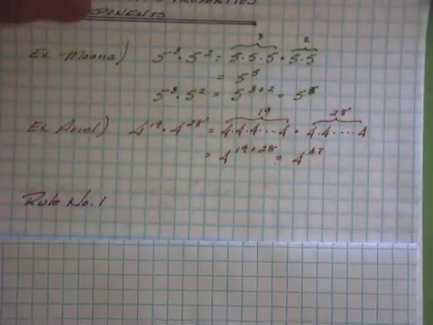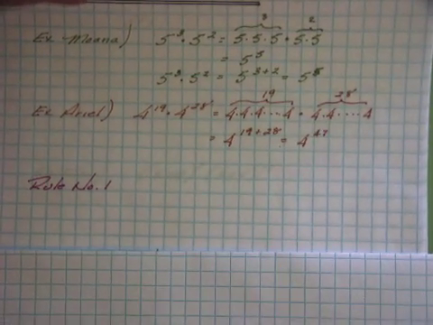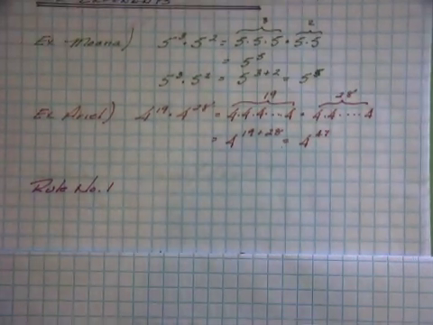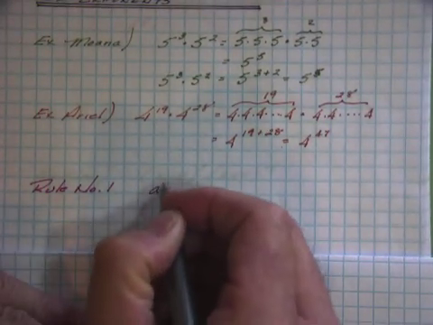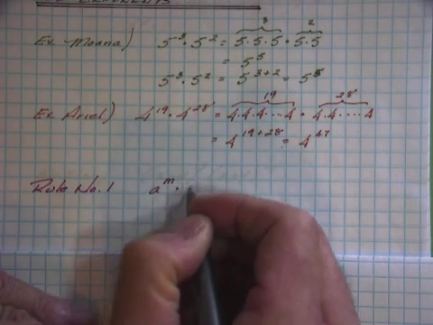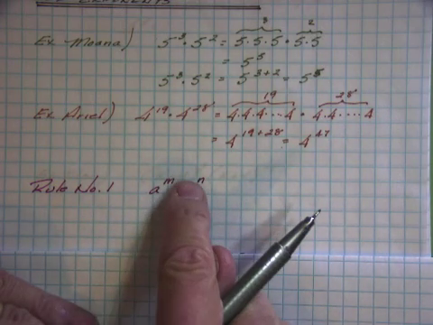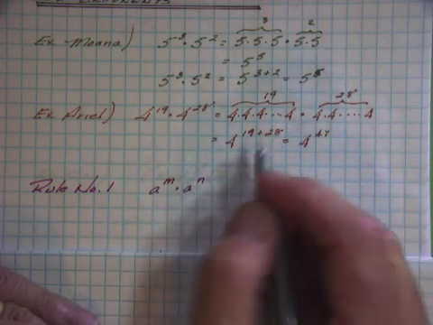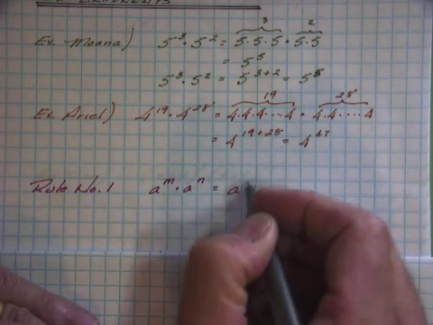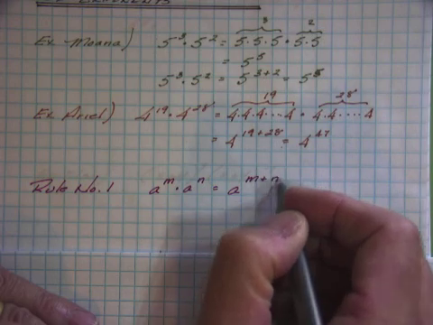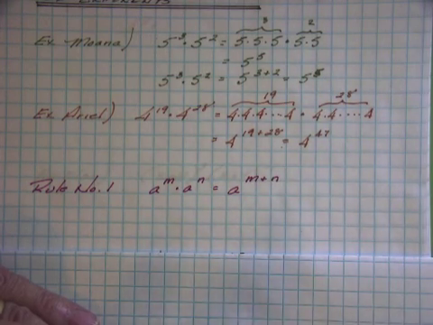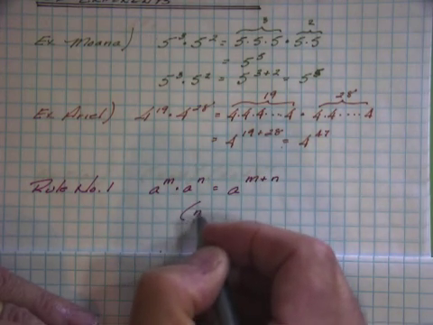So it takes us to our first rule of multiplication. We're going to call this rule number 1. How clever. It says a number to the m power times that same number to the n power. Notice they have the same base, a, and the exponents are m and n. All you have to do is add the exponents.